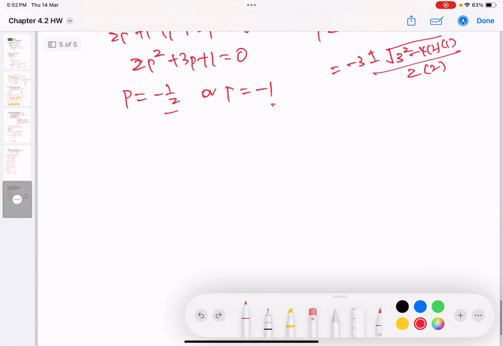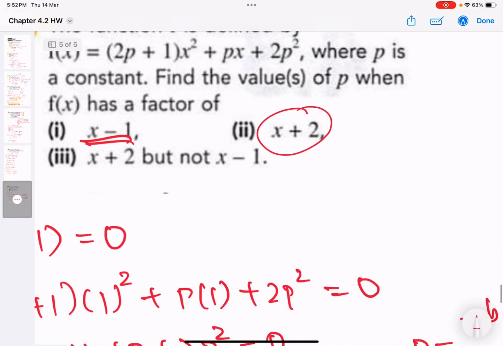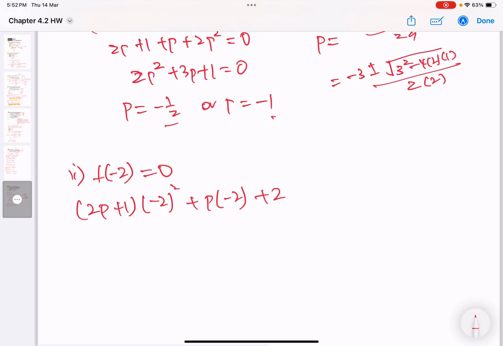For part 2, same thing. Because I'm told that x plus 2 is a factor, I can substitute in negative 2, and I'm going to get 0. So I'm going to get (2p plus 1) times negative 2 squared plus p times negative 2 plus 2p squared equals 0.